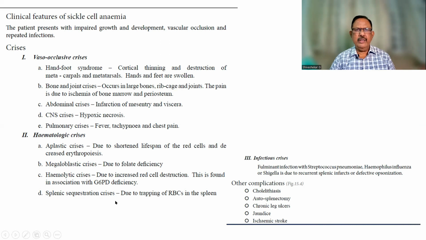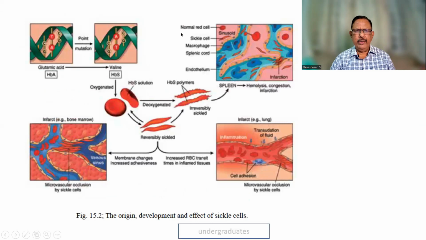Splenic sequestration. Repeatedly there is infarction of the spleen, and there can be autosplenectomy. Infections with staphylococcal pneumoniae will be paramount. Other complications are cholelithiasis, autosplenectomy, chronic leg ulcers. This is given as a history, jaundice and stroke. So the crises of sickle cell anemia are extremely important.